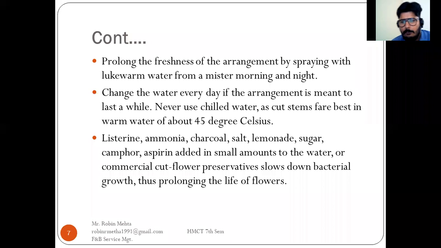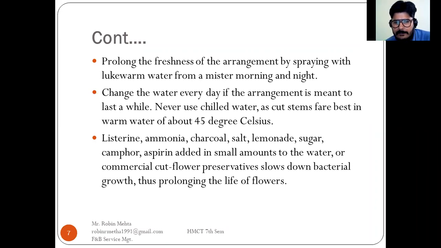Next, never use chilled water. Room temperature or lukewarm water is the best way to water the cut stems, especially cut stems which we cut from the garden. We can use lukewarm or warm water of about 45 degrees Celsius.